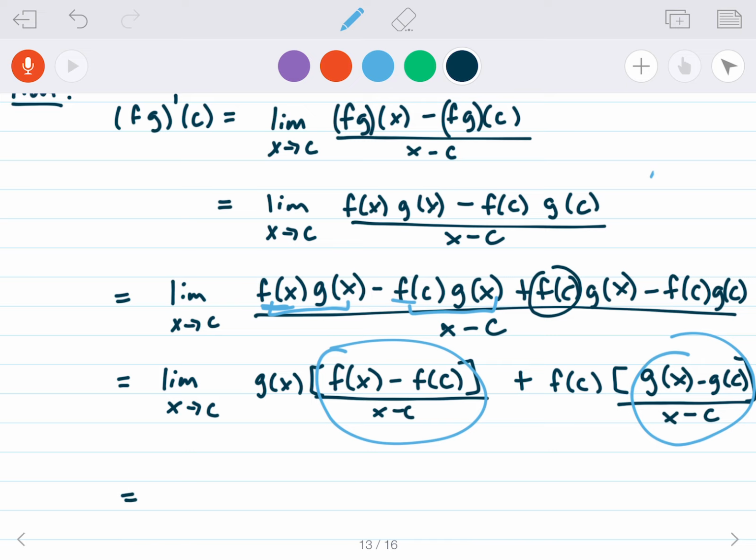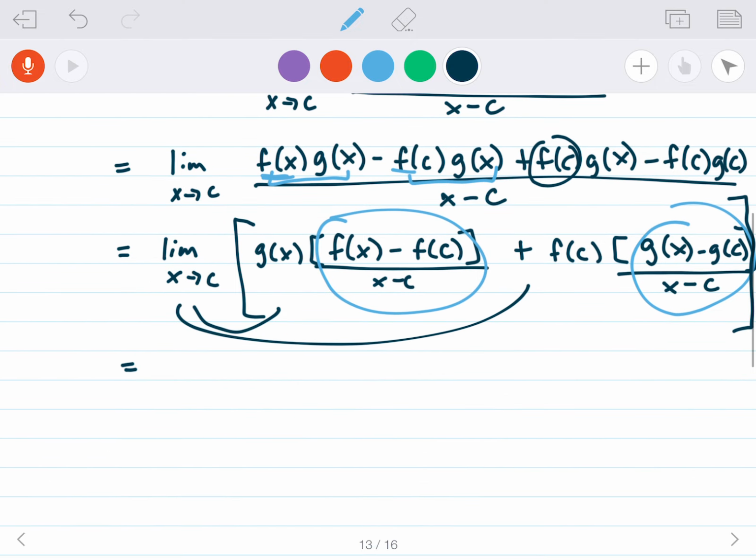So this equals, distributing the limit, of course. Maybe I shouldn't have been as sloppy, but this is all in its own parentheses, and the limit laws say that the limit splits among addition.